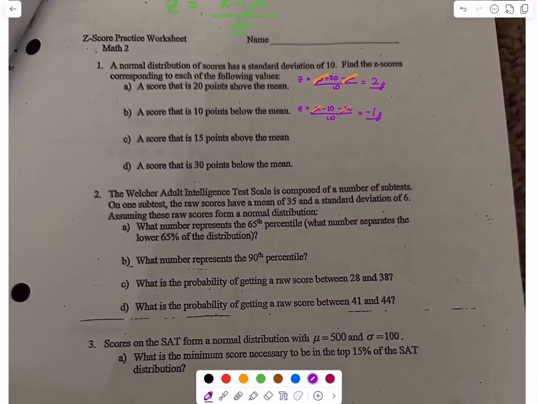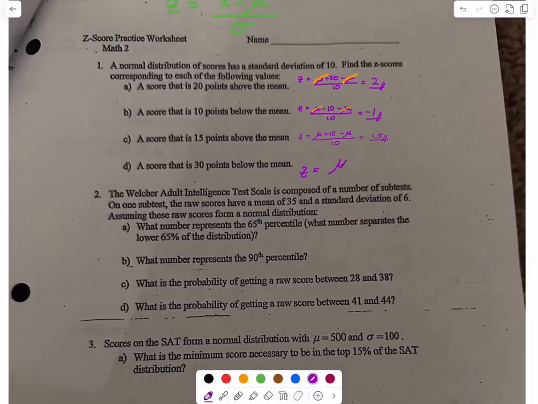A score that is 15 points above the average. So that z-score would be mu plus 15 and then minus mu over 10 to give us a z-score of 1.5. 30 points below the average.